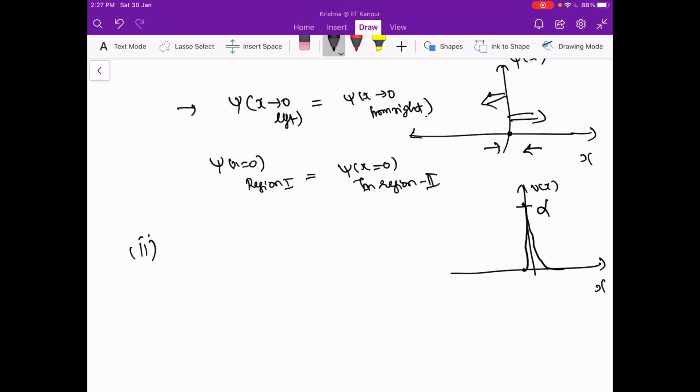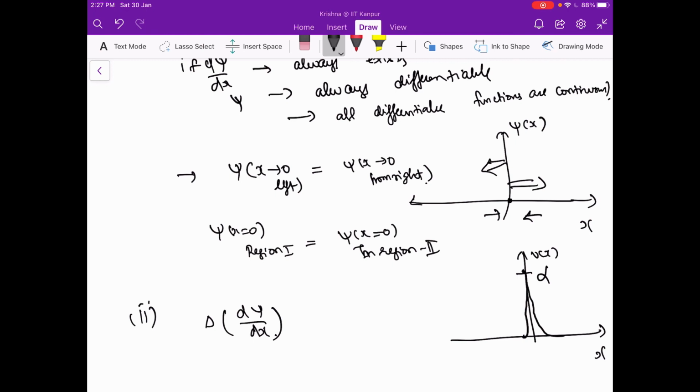For this, all we have to calculate is the delta of d psi by dx.